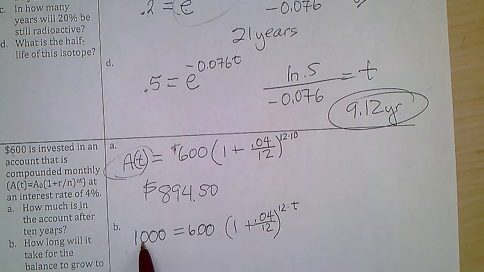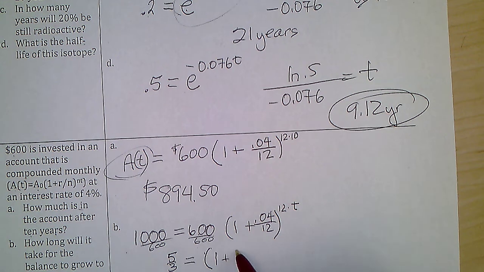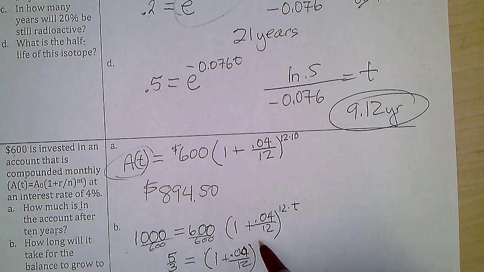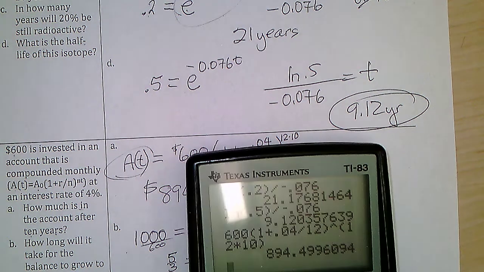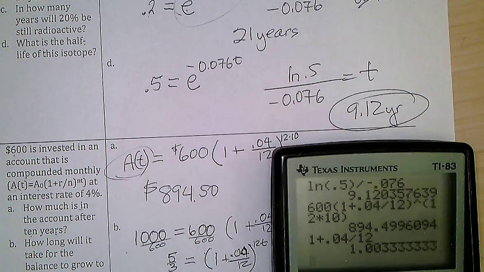So I'll divide by the 600, so I get 10/6, or 5/3 when I reduce it, equals 1 plus 0.04 over 12 to the 12t. So now this is my base. So what is that base? I've got 1 plus 0.04 divided by 12 is that.